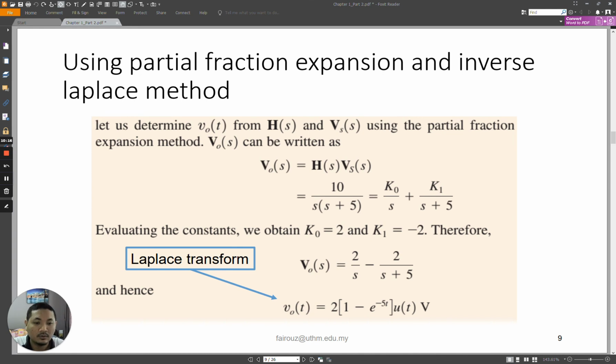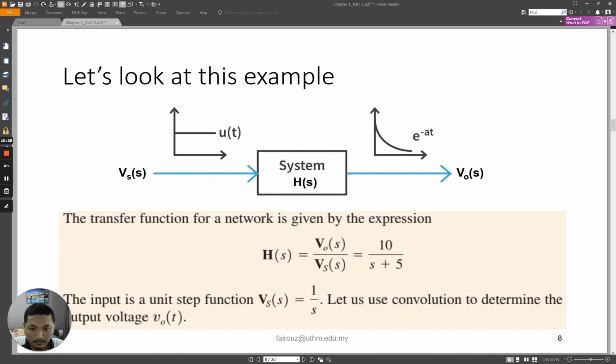Simply referring to the table, you can get this into this. So this is the output in time domain for that system, if the system is being supplied with this input, 1 over s.